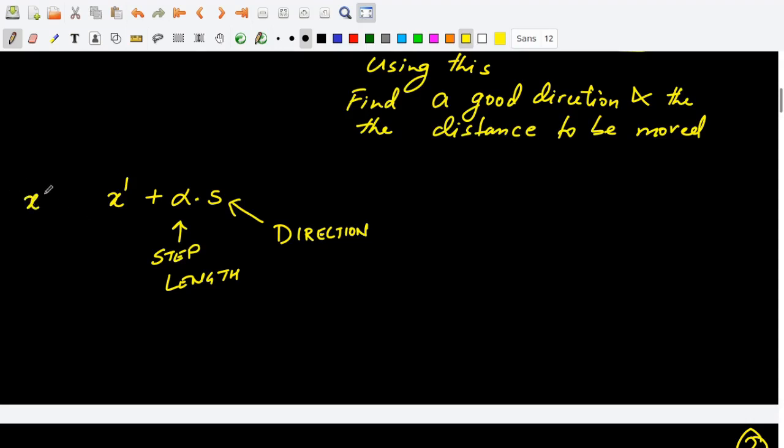So this would be my new point, and similarly to go from x2 to x3, I will need another step length and another direction to move.